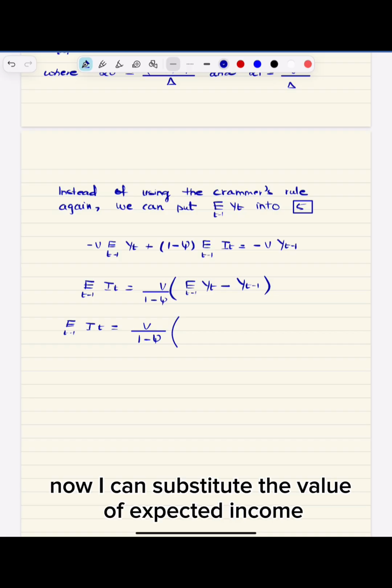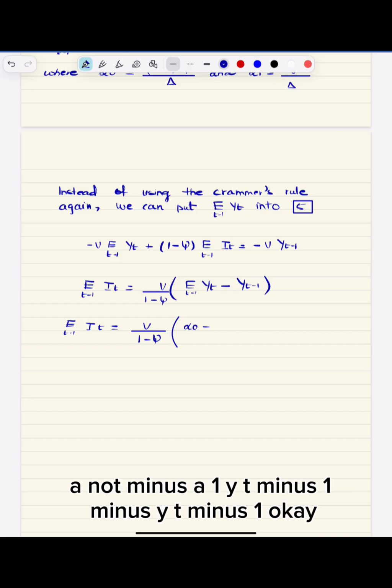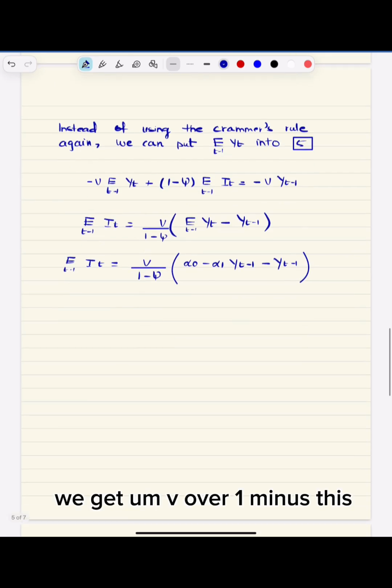Now I can substitute the value of expected income. So this was A0 minus A1 YT minus 1 minus YT minus 1. Okay, so we get V over 1 minus this.